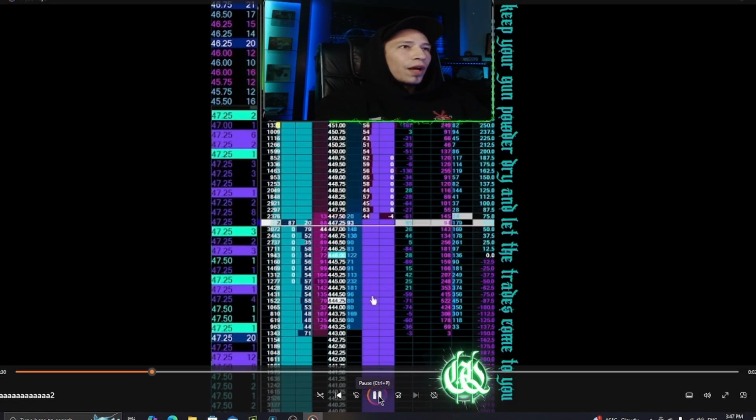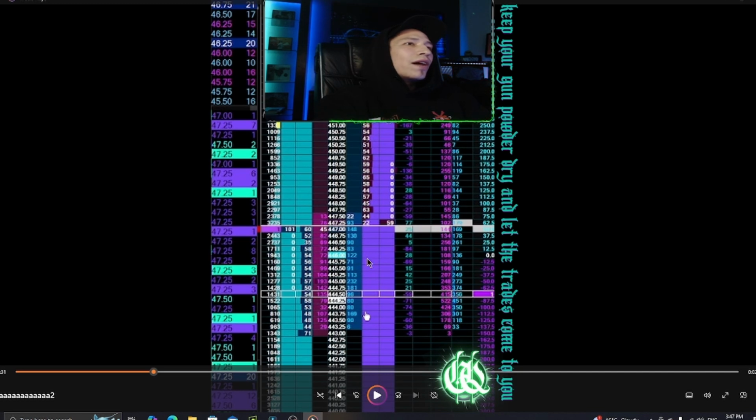So at this point, what I'm seeing is an absorption continuation trade kind of play out. So I'm seeing the absorption just being continued on the bid side. No matter how much these sellers want to hit the bid, it's just all getting absorbed. So I'm going to lean on that, and every time they pull these bids, I'm going to scale in, and then I'm going to just try to take profits on that second contract quickly.